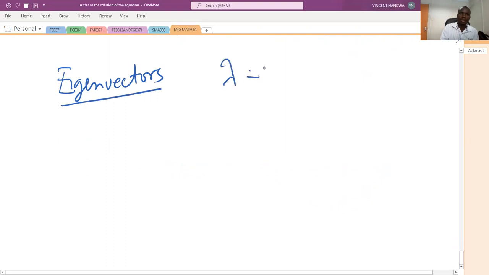So pick lambda to be the first lambda, 2 plus 3i. And for us to get eigenvectors, we have to ensure that this equation is satisfied.